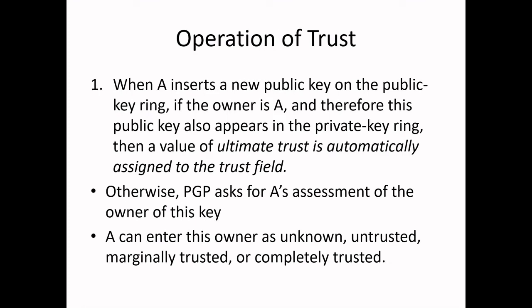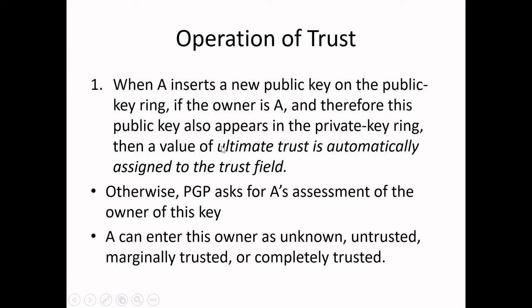Now, how does the operation of trust work? When A inserts a public key on the public key ring, A can have multiple values in the public key ring. If A is going to insert a public key on the public key ring, and if A itself is the owner, then this public key also appears in the private key ring.